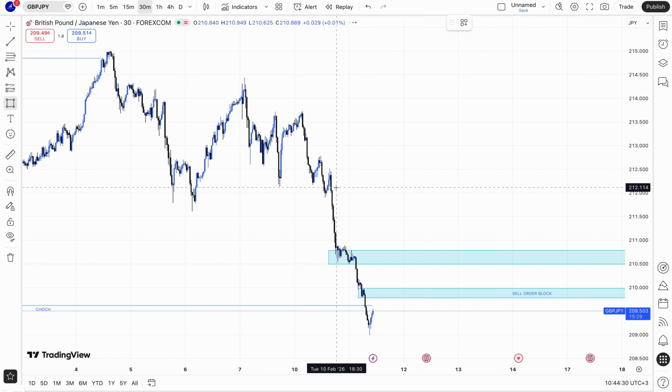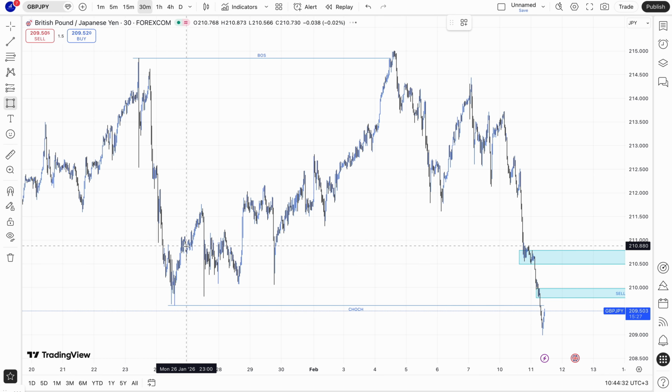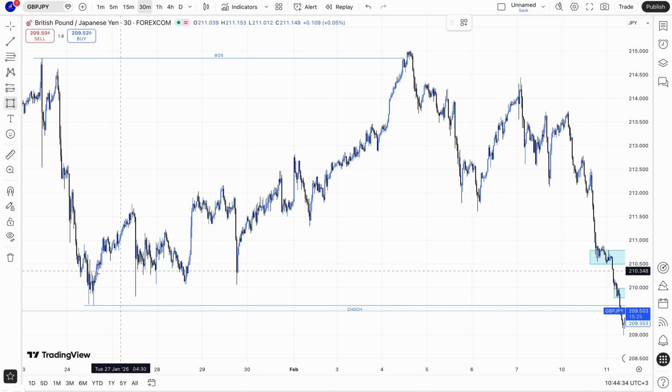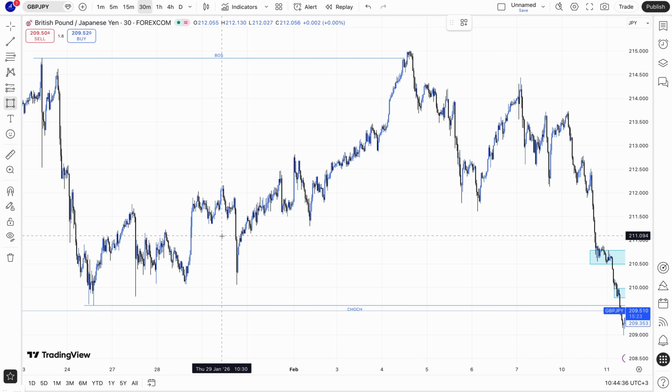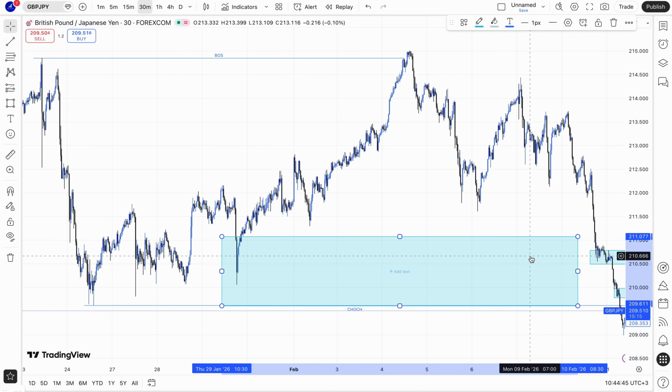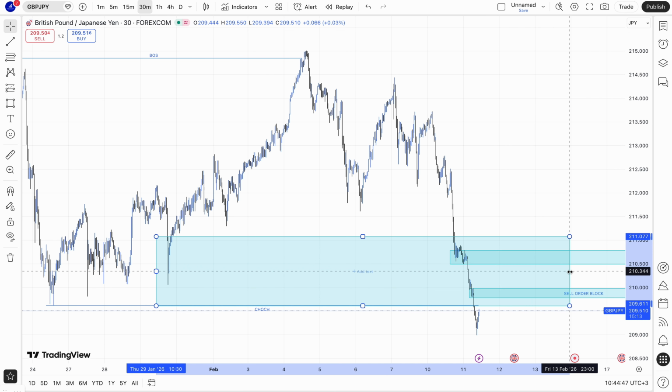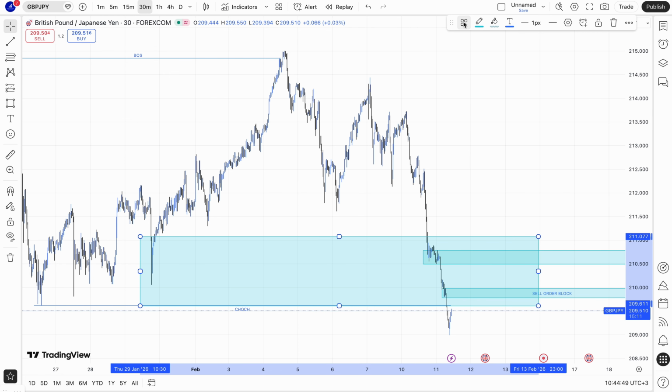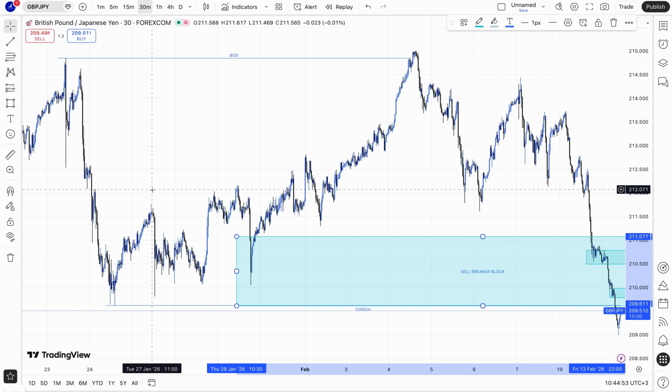I'm looking for a breaker block. I think I should have one. Yep. So you have a sell breaker block. I think you can use that.